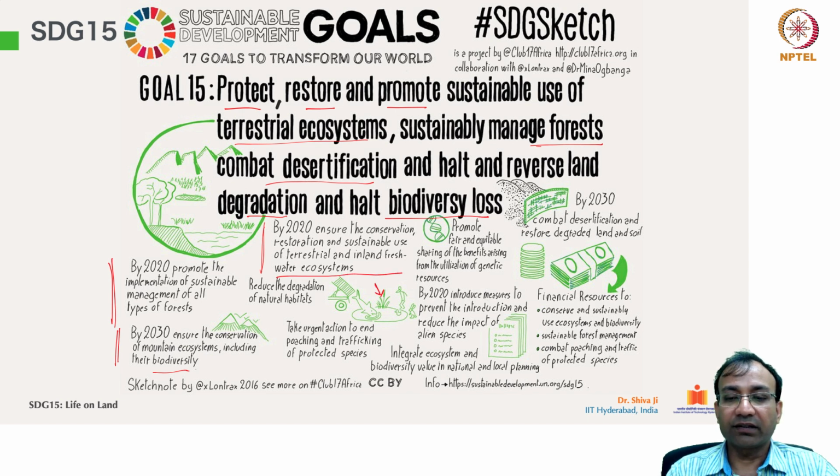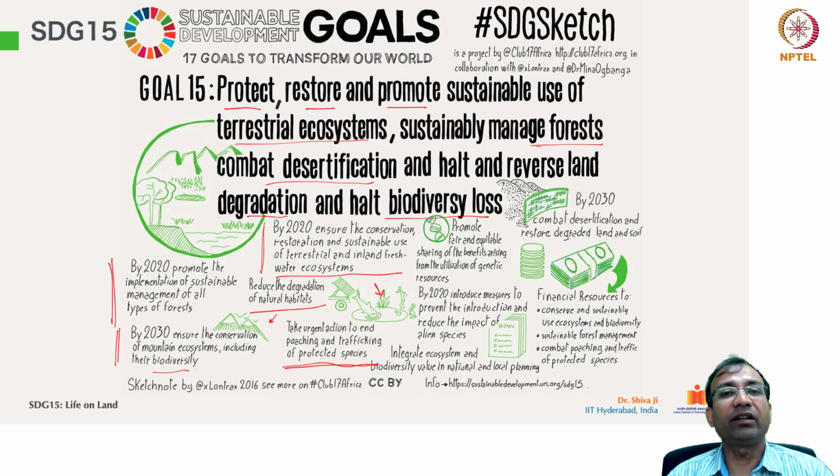Okay, these. Reduce the degradation of natural habitat. Take urgent action to end poaching and trafficking of protected species. Yeah, you may be aware, there are a number of instances from every country that wild animals are hunted for some weird, unique kinds of purposes, whether for cosmetics, for luxury related things, or for some pre-assumed, maybe ill-assumed, medicinal properties and things like that.